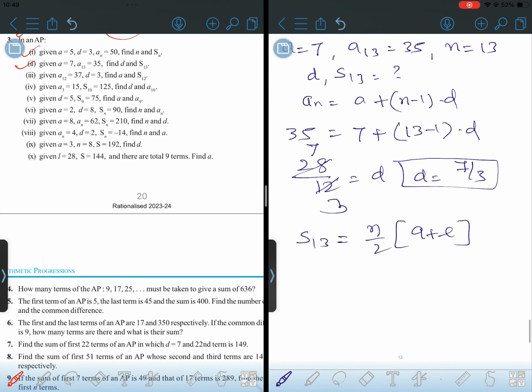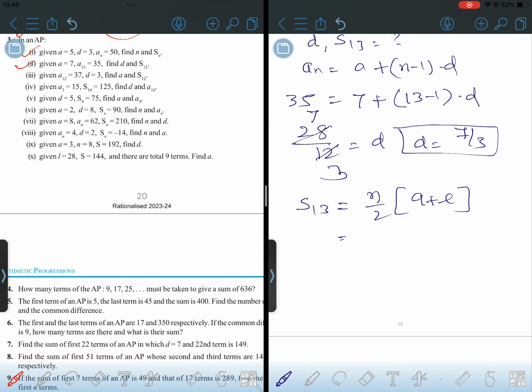Remember that. The value of n is 13 upon 2, the value of a is 7, and the value of l is 35.